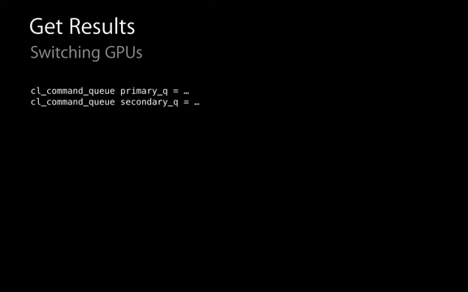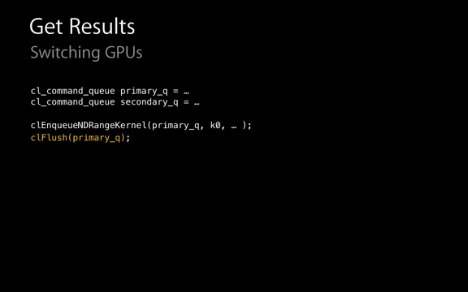Okay, so in OpenCL, it's a little bit different. In OpenCL, we have command queues instead of virtual screens, and we're going to do something very similar. We're going to enqueue work using a command queue that we created on the primary GPU, and then flush it using just CL flush. That'll cause that device to start working on the commands that we enqueued.